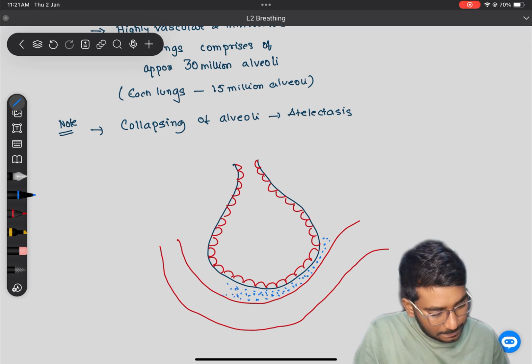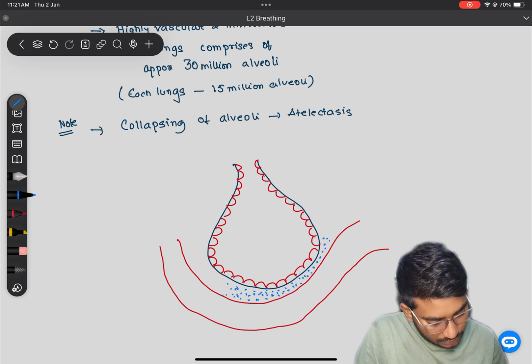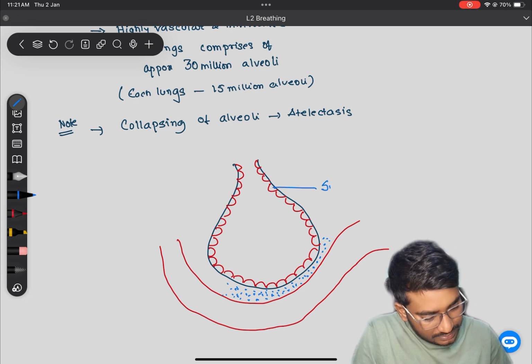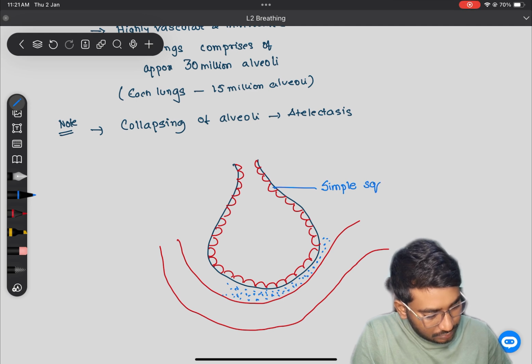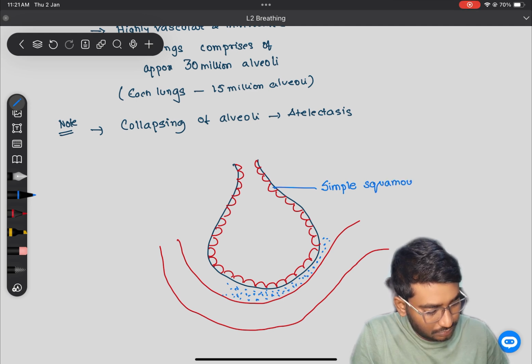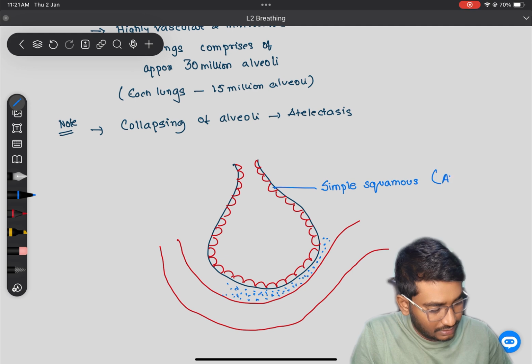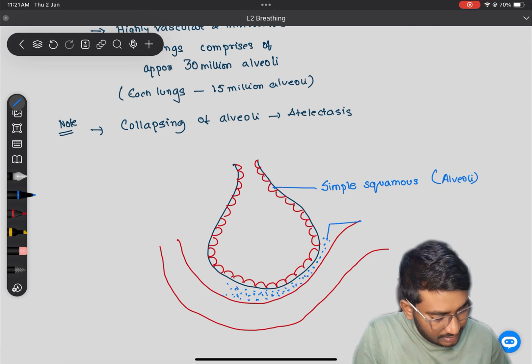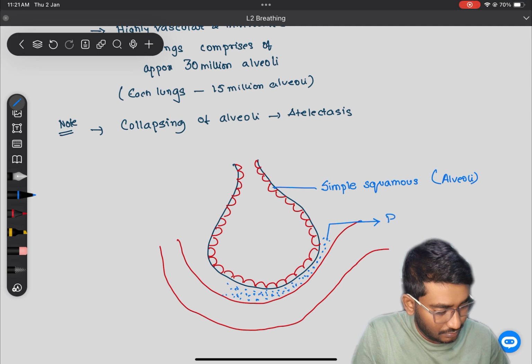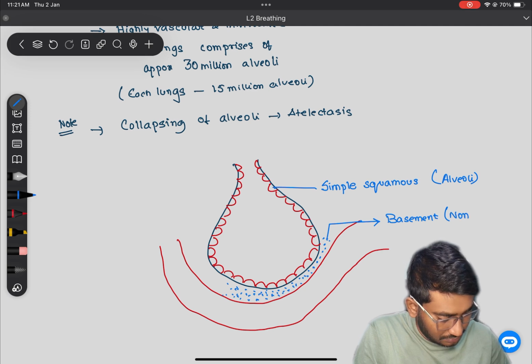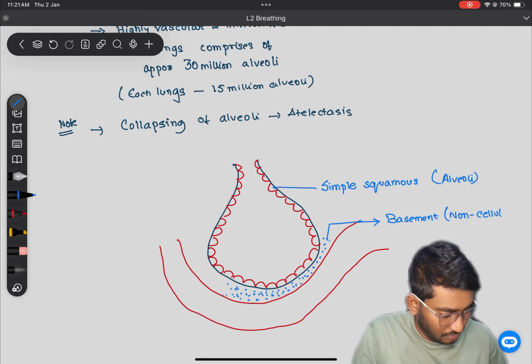Now these are simple squamous, that is the alveoli. Now this is the basement. Basement, that is non-cellular.